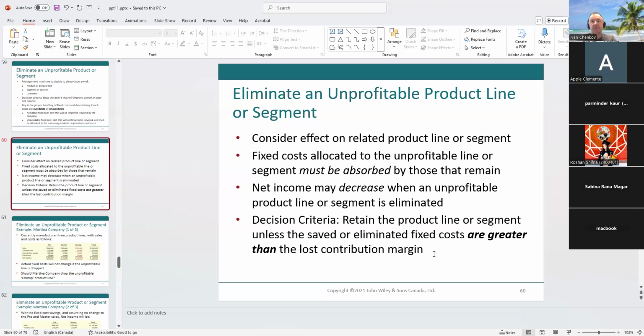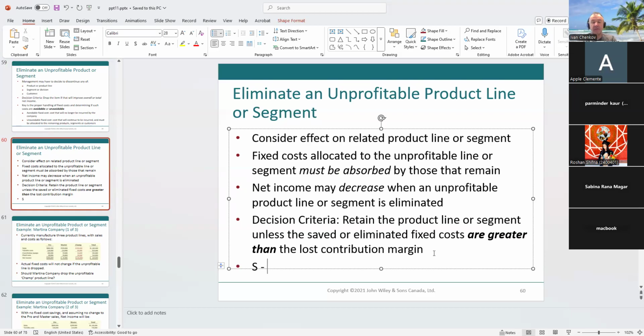What does that mean? It means that we have sales minus the variable cost, correct? That's going to give us contribution margin. Make sense? Yes. Minus the fixed cost, what's going to give us? Net income.